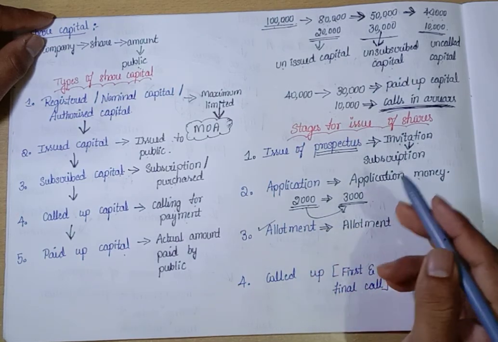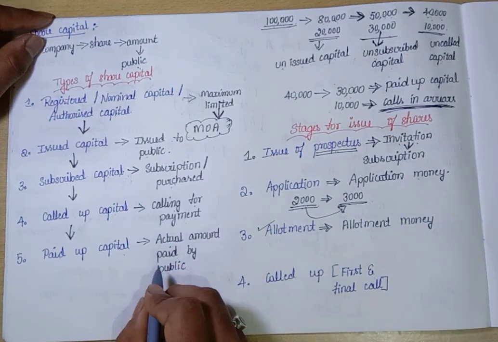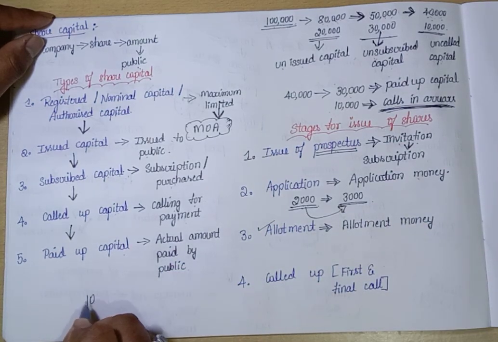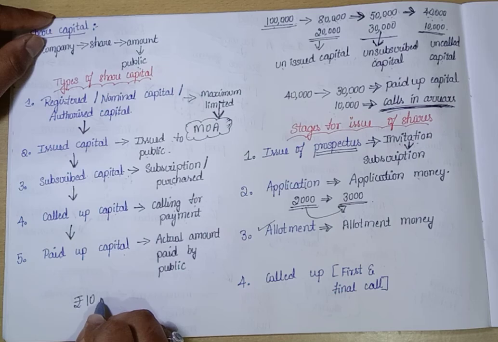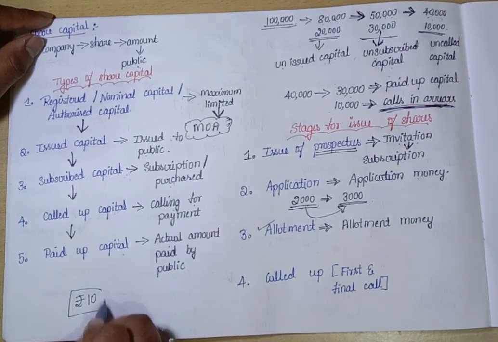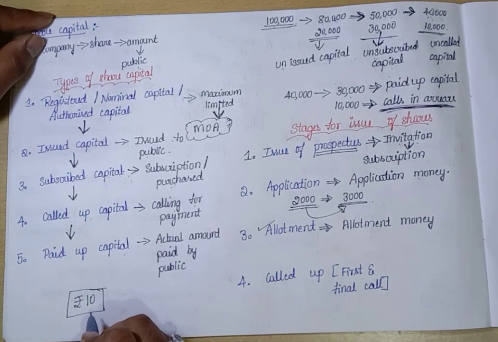Then, for example, one share value is, let us take, 10 rupees. This is called the face value of the share. We will not collect this entire 10 rupees in a single installment, in a single shot.